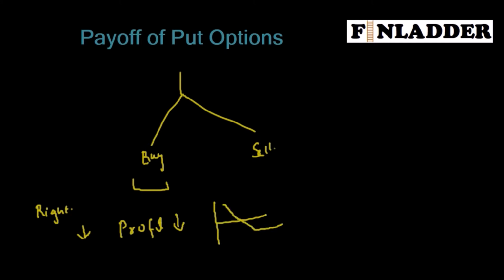Now, why would the graphical representation be like this? Our loss would be limited to the premium we paid. On the other hand, our profit would increase if the prices go down. Let's say the price of Bajaj is 100 and you say that the price of Bajaj shares will go down.